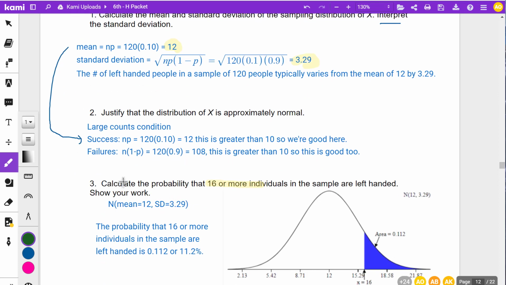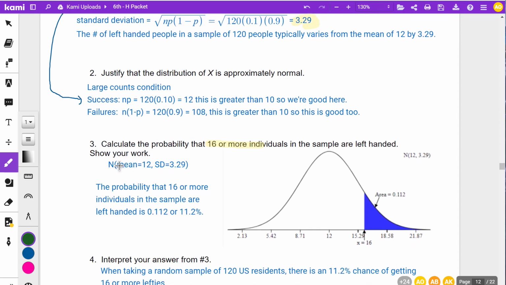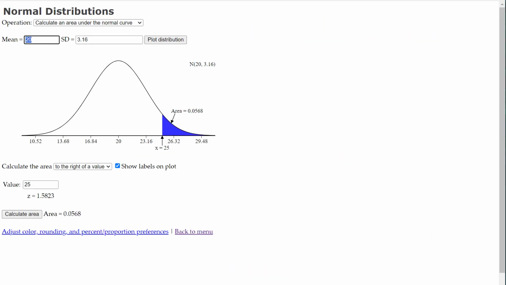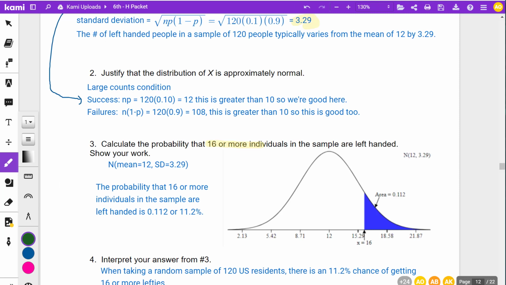So now calculate the probability that 16 or more individuals in the sample are left-handed and show your work. So we're going to use a normal distribution with this mean and this standard deviation. So I would put 12 and 3.29 in the applet. Plot my distribution, and we wanted the probability of 16 or more.